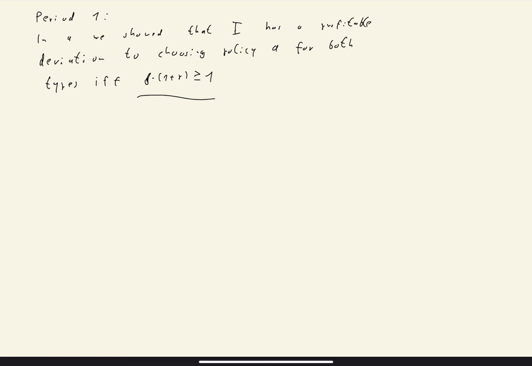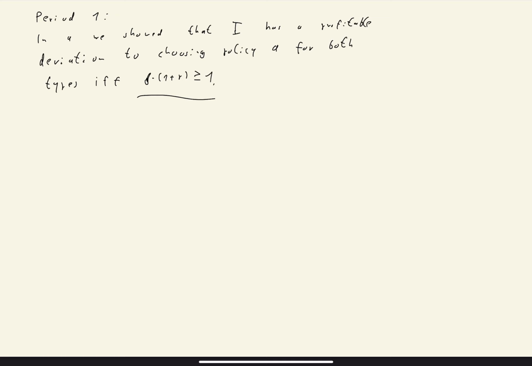But of course, in this situation that's not the only condition which must be fulfilled, because we need a second condition, which is that the ex ante belief of the voter needs to be larger for the incumbent being of a congruent type than for the challenger being a congruent type.